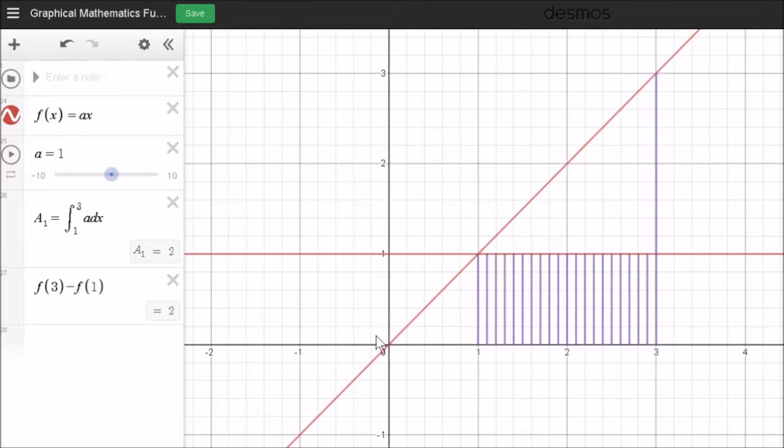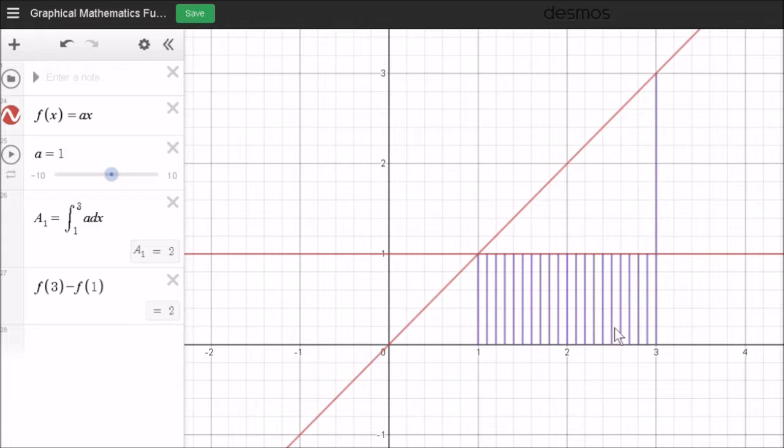So we have the same line, f of x equals ax, where a equals 1, so that's just the line y equals x. We've differentiated it to get this line here, which is y equals 1. We're looking at the area under this curve y equals 1 from 3 to 1, and we've just drawn these lines in. So this is the area here, which is 1 unit plus another unit, so that's 2 units.